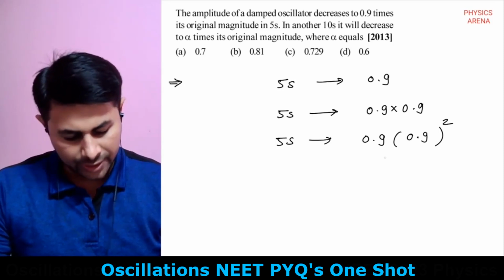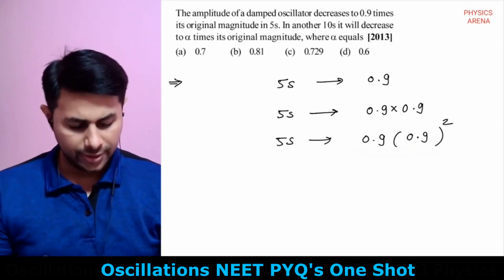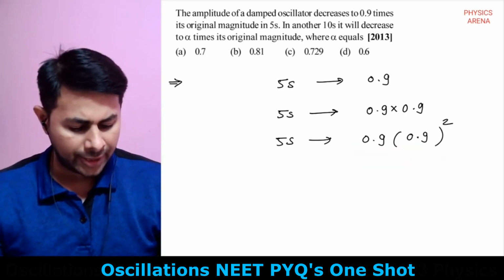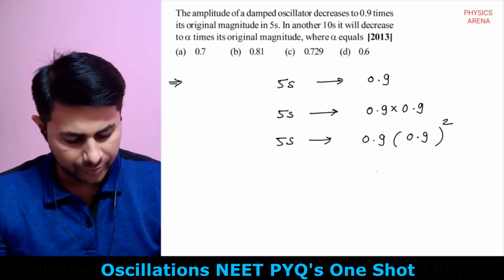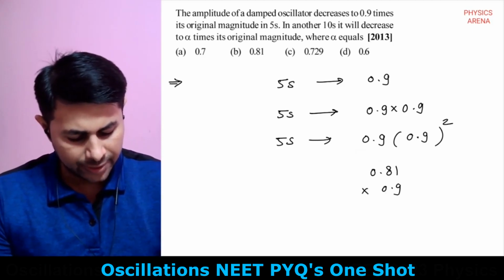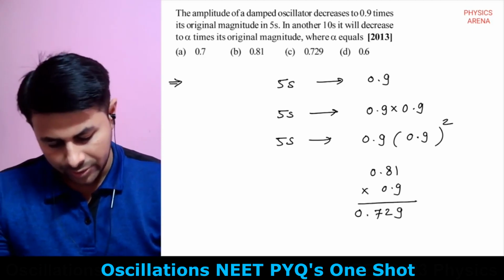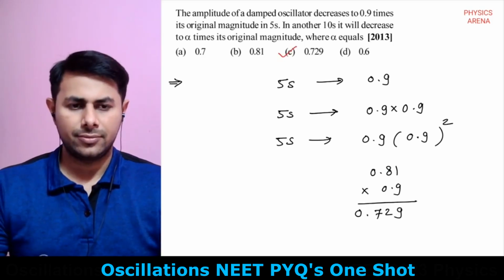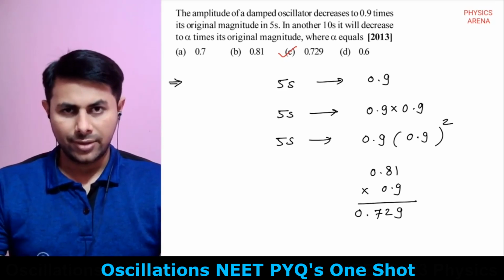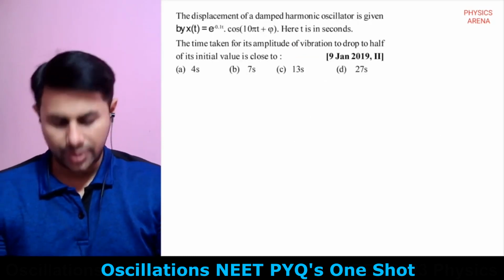And then we just need to solve this. So it is 0.9 cube, or 0.9 multiplied by 0.81. Okay, 0.81 multiplied by 0.9, 0.729 is the answer, right? Option C. Okay, let's see the next question.